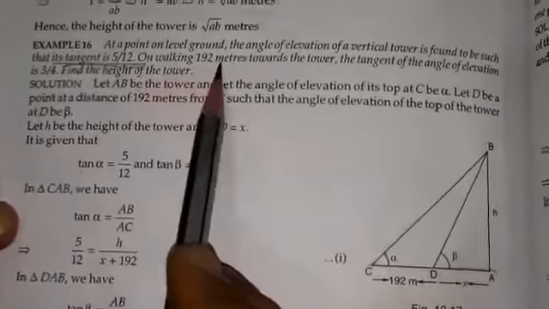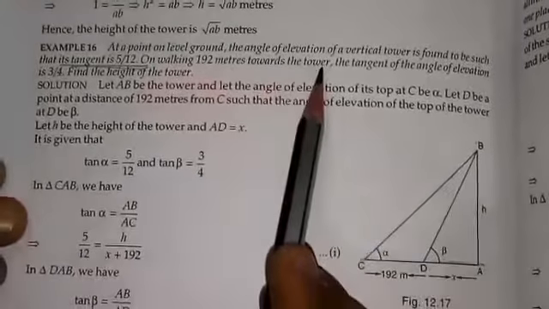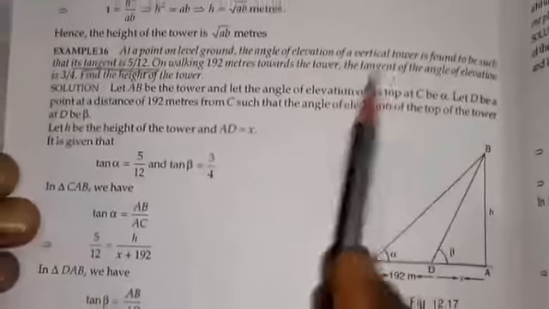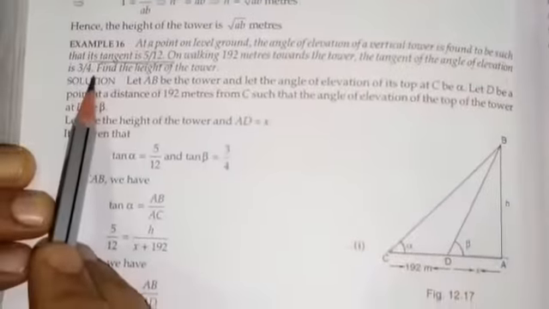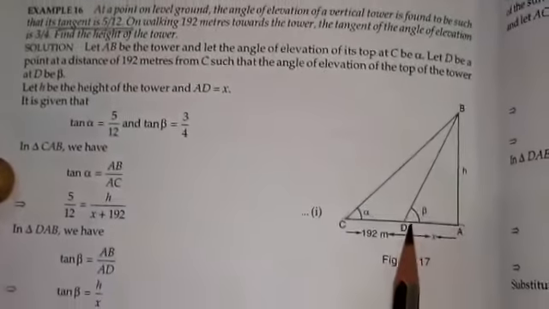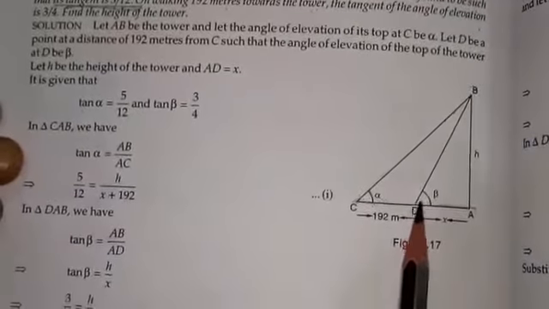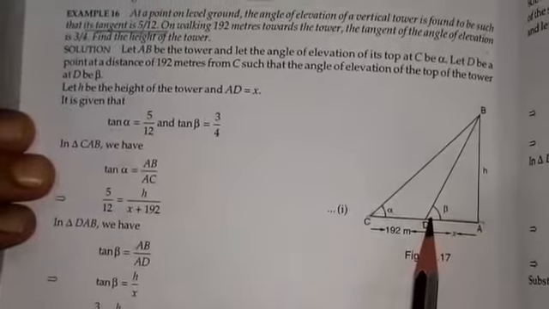On walking 192 meters towards the tower, the tangent of the angle of elevation is 3 by 4. This is the new position of the observer.